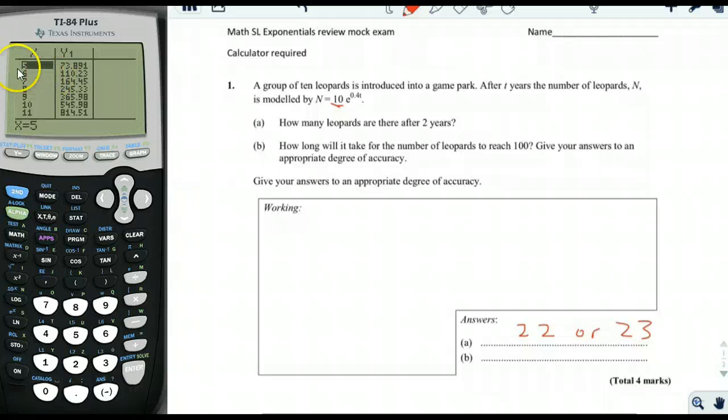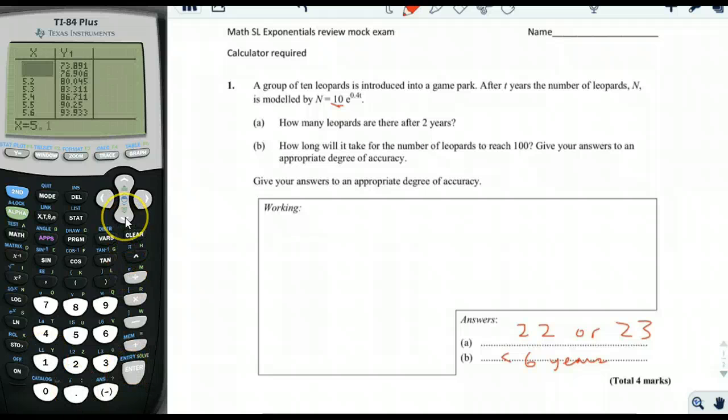So it looks like it reaches 100 somewhere between 5 and 6 years. So we might say less than 6 years. But we could be more accurate than that. Now, how could we do that? Well, one of the ways you could do it is you could get another significant figure by putting plus 0.1.